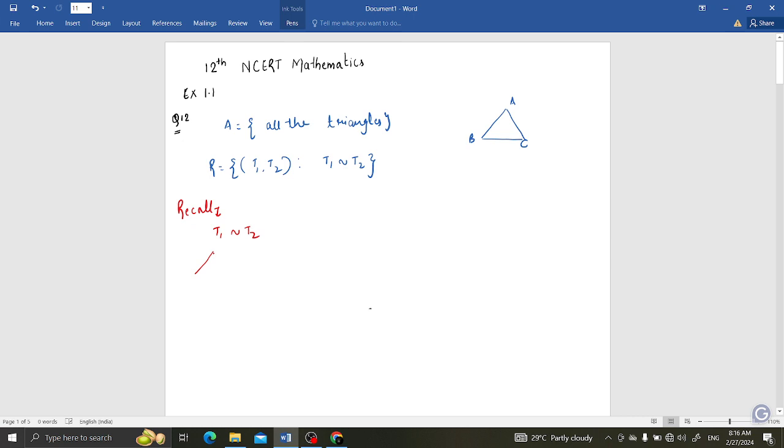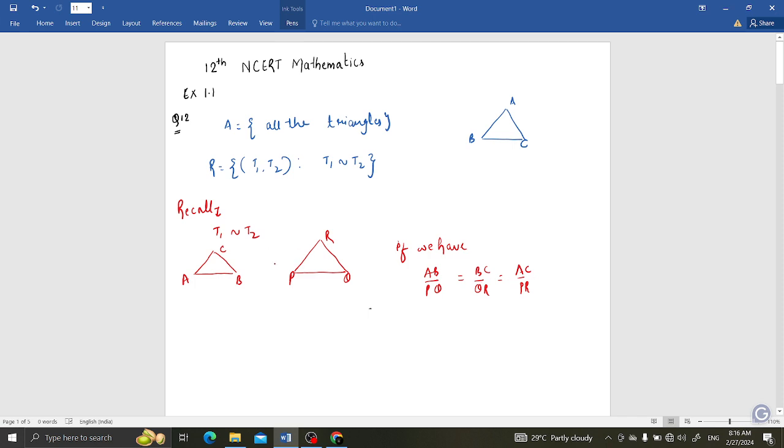Okay, suppose T1 is A, B, C and T2 is P, Q, R, and if we have AB upon PQ equals to BC upon QR equals to AC upon PR, then we can say the triangles are similar.